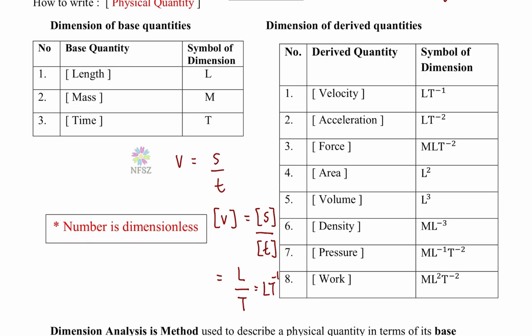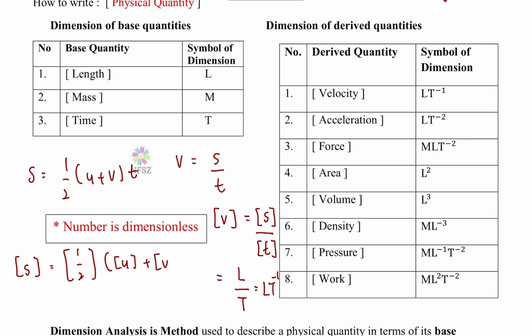For example, you have the equation S equal to half (U plus V) times T. We want to find the dimension of S. So we need to find the dimension for half, for U, V, and for T. This half here is dimensionless, which means after you write down the square bracket, it will disappear. We still keep the square bracket for S, because we want to find the dimension for S, which is displacement.